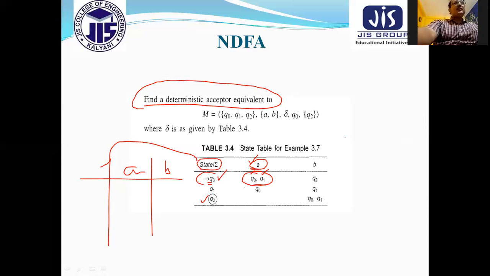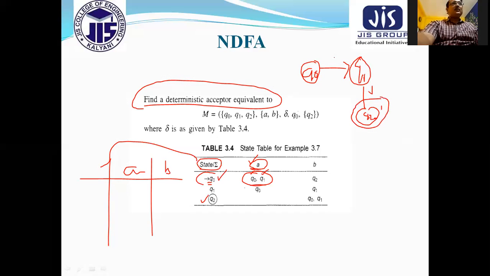Sometimes they can ask in the form of a diagram, like suppose I say this way, so this is 1, this is 0. So if I give it in this way, the arrow means this is the initial state, the concentric circle is the final state, and these are the inputs.